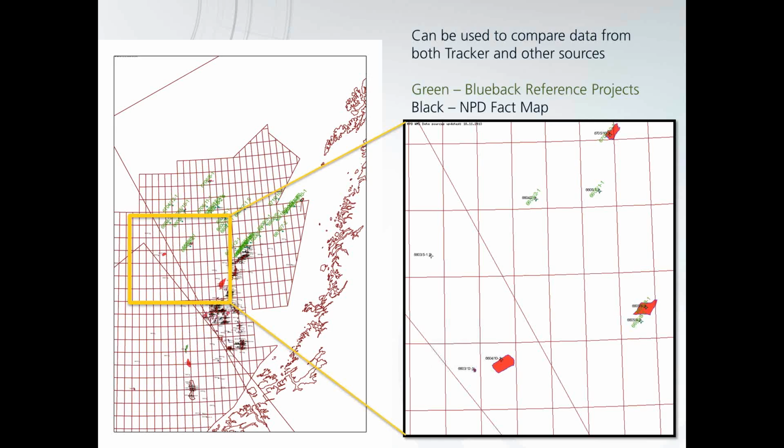I've then loaded in black the WMS of the Norwegian NPD, which shows where all the publicly available wells are. And by comparing the two, I can see, well, at least my data is accurate. I have a good match between the public wells and my reference projects. But down in the lower left part of the section here, I'm missing some publicly available wells that I may want to get.